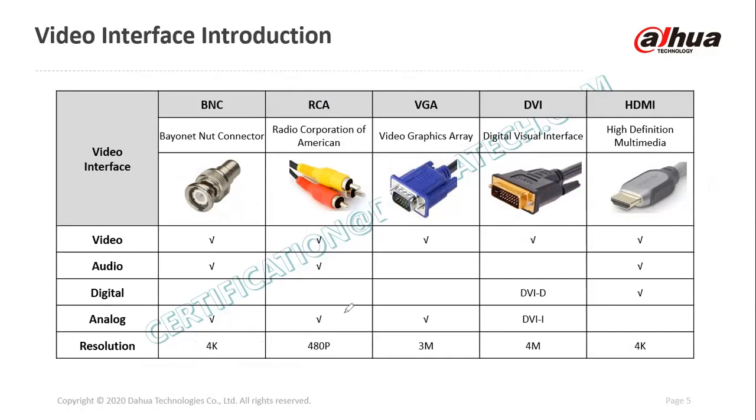You remember when we were talking about resolutions, 480p is 0.5 megapixels, not even 1 megapixel. VGA supports up to 3 megapixels. DVI is up to 4 megapixels, while HDMI supports 4K.